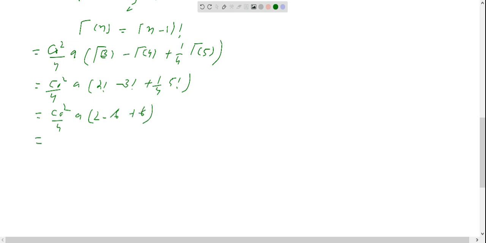So this becomes C_0 squared out of 2a, which is equal to 1. C_0 squared is equal to 2 out of a, so C_0 equal to under root 2 out of a.